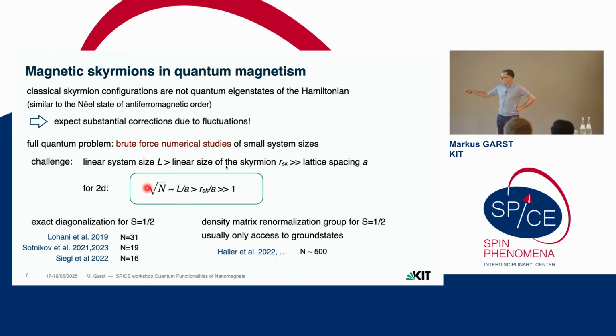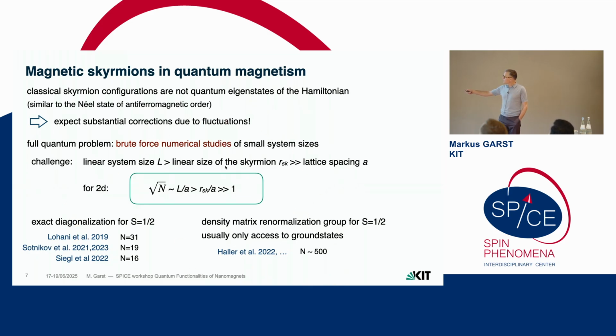In 2 dimensions, where the linear system size scales like the square root of n, where n is the number of spins in your system, you should fulfill this constraint, which is quite challenging because the quantum Hamiltonian is difficult to treat, and this means you are limited to a small number of n's.